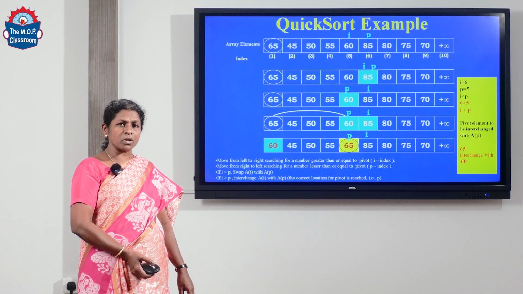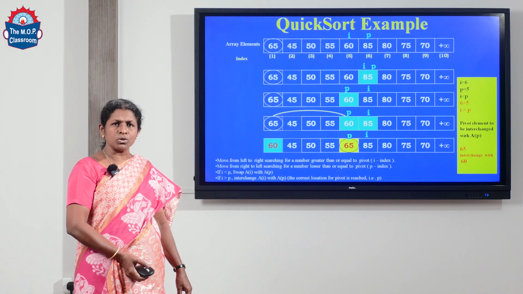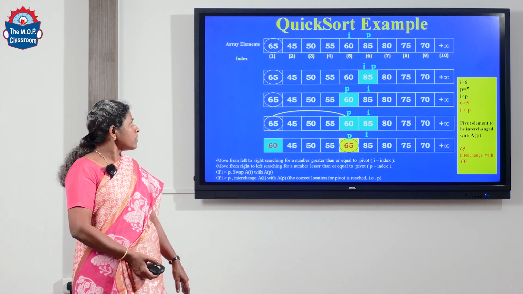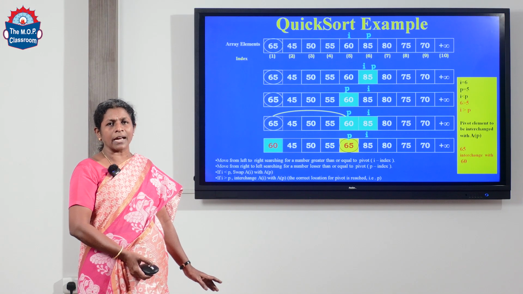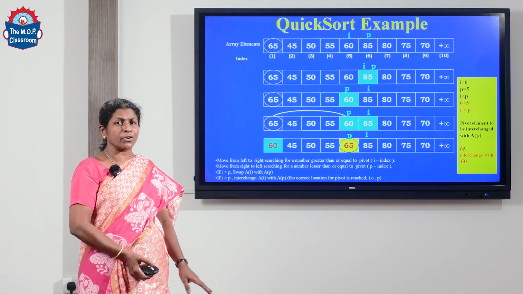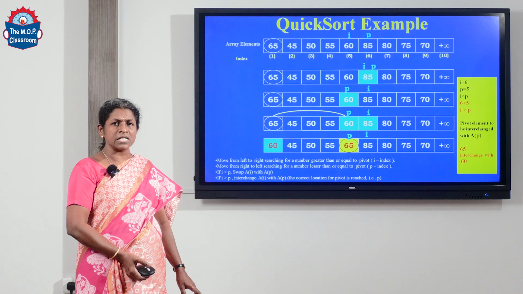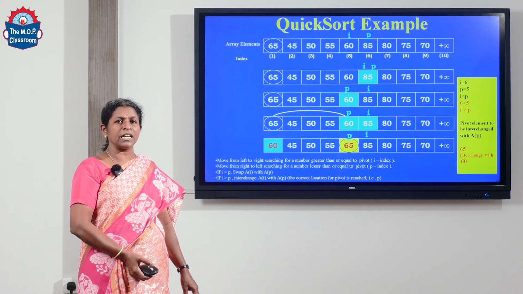Now, the same process. I told you this is divide and conquer. So, your problem is divided into two sub-problems, one on the left hand side and one on the right hand side. And see why I have placed an infinity in the last place. Once you scan from left to right, suppose all elements are greater than 65, then you will not have a stopping point. So, always before you start your quicksort procedure, you have to place a greatest number in the last position.